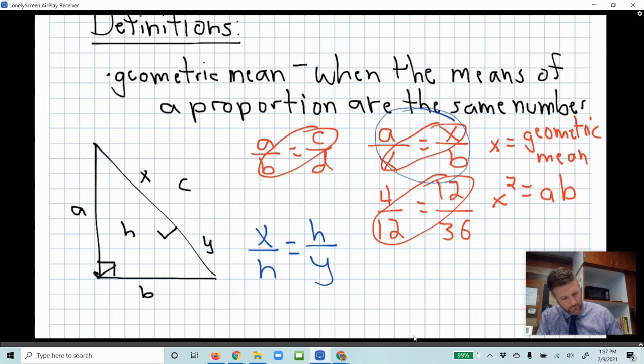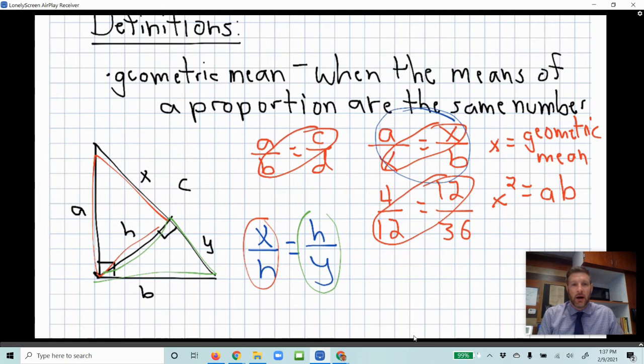All right. You could see that this represents the larger triangle right here, and this represents the smaller triangle right here. But what those two triangles have in common is they both have h. For the red triangle, h is the shorter side, whereas for the green triangle, h is the longer side.